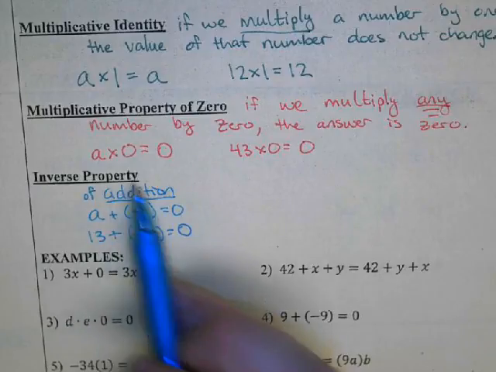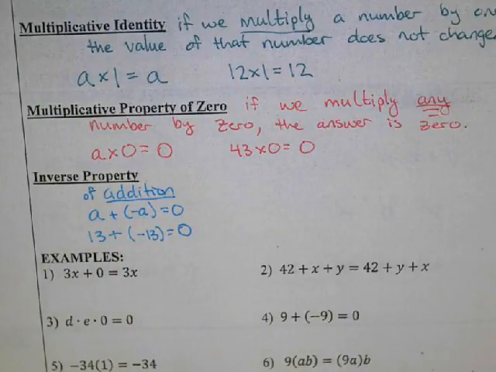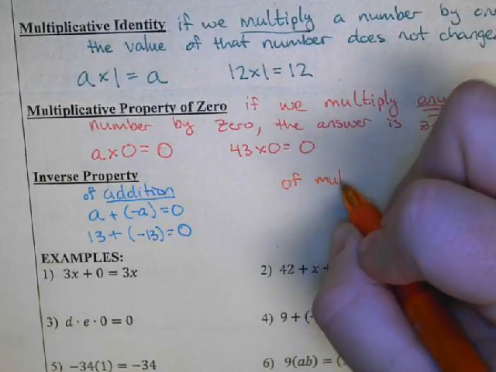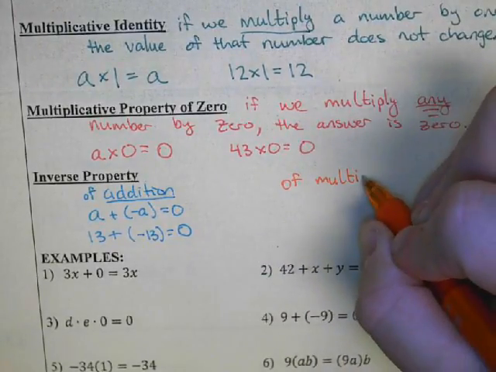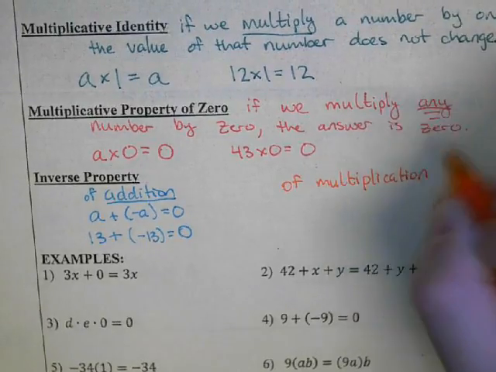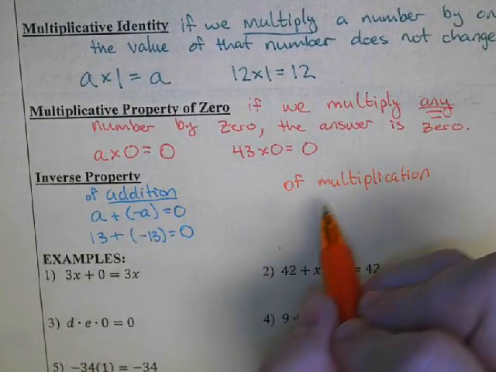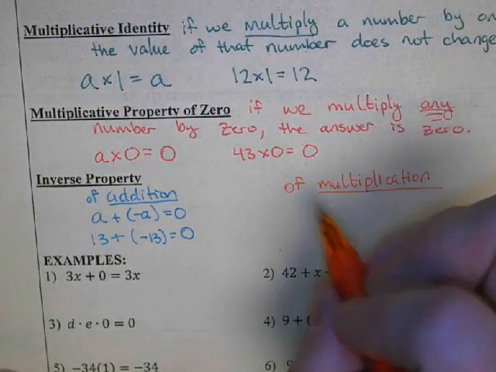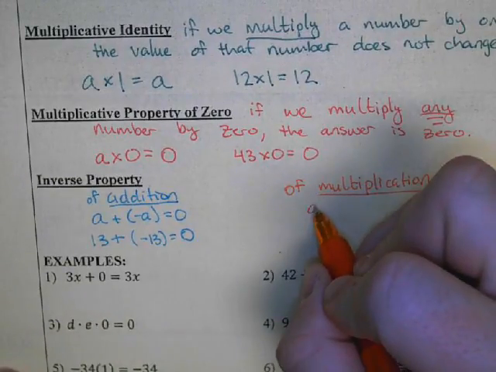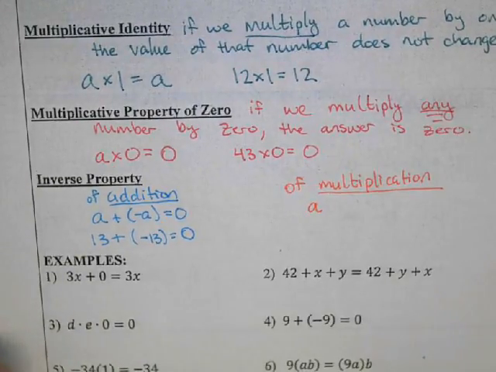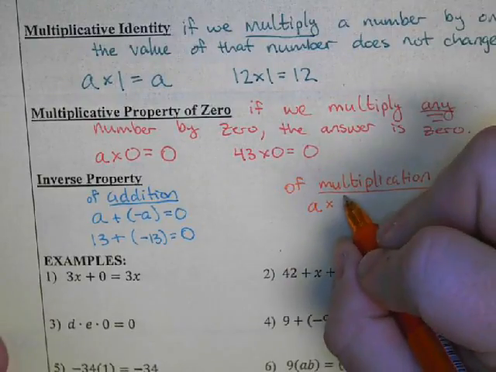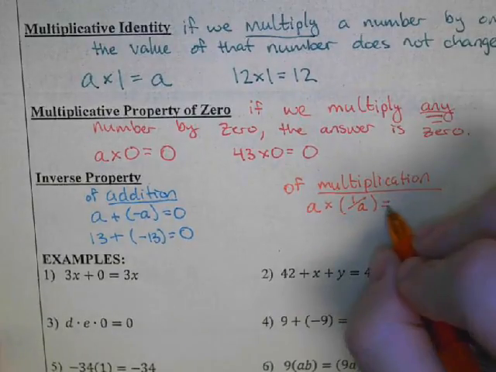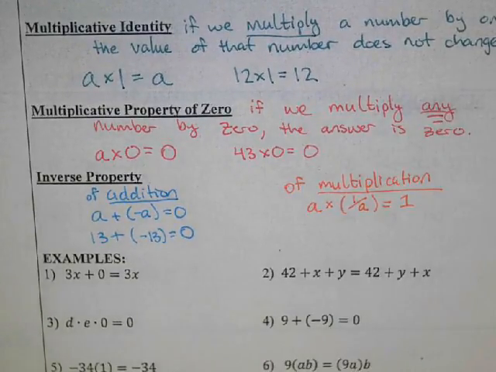Now we can also have the inverse property of multiplication. So the inverse property of multiplication is if I take a number, so any number, we'll represent it with a, and I multiply it by 1 over a, that will equal 1.